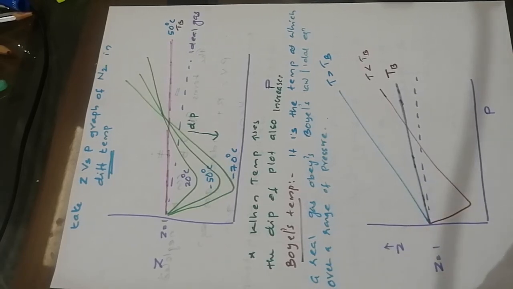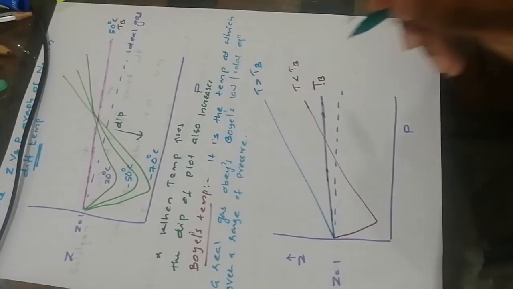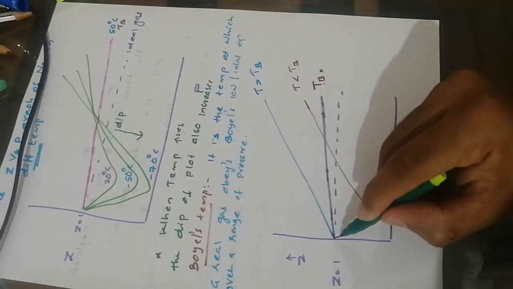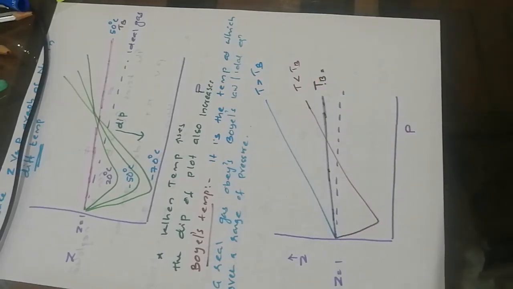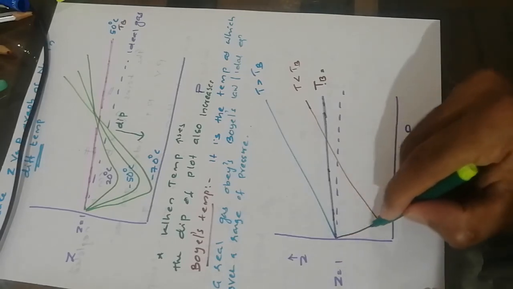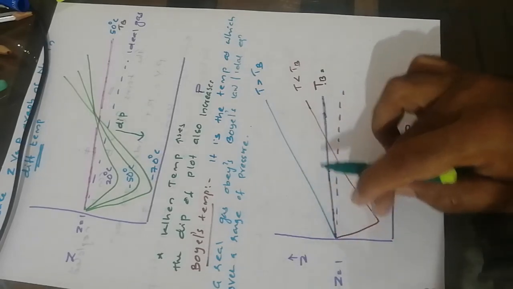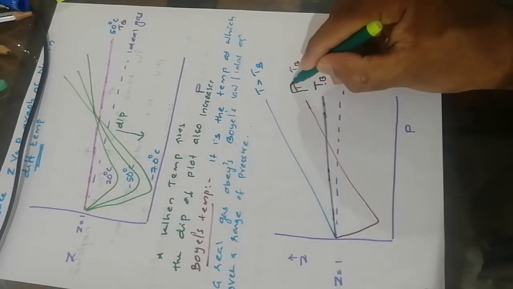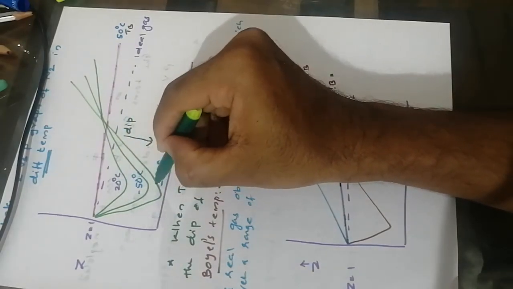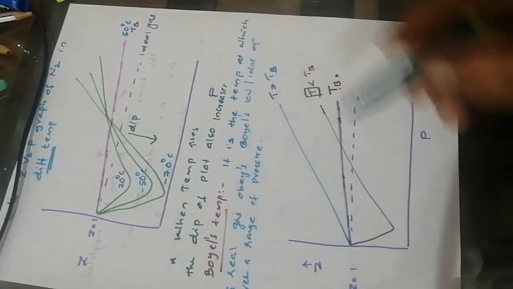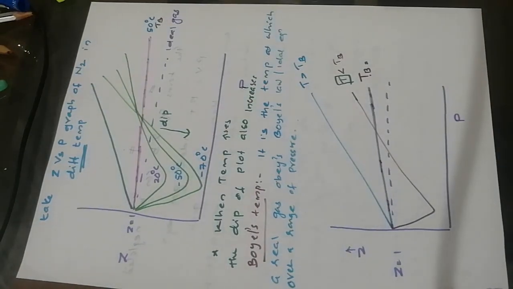Therefore, we have a limit. Suppose this is the Boyle temperature of the gas. What is the temperature at which this plot is drawn? Obviously, because it has a negative dip, this plot is at a temperature below the Boyle temperature. These are the plots of real gas nitrogen below the Boyle temperature. And suppose you have a graph here, at another temperature for nitrogen.